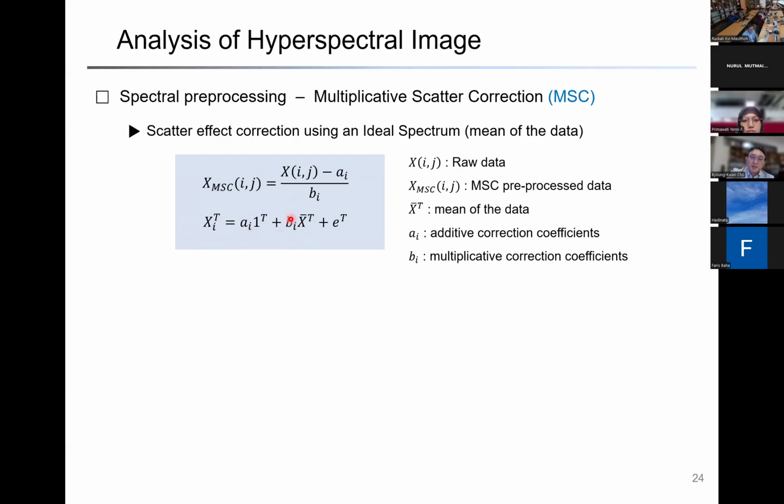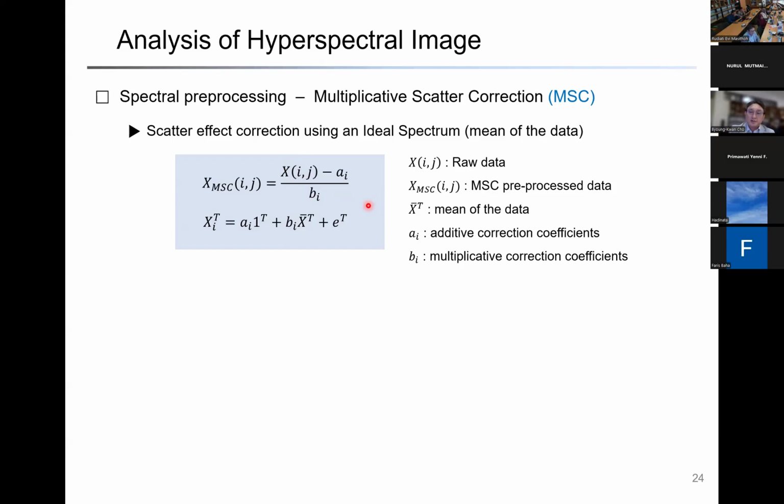We can calculate these two coefficients. Using those coefficients, we can correct the measured spectrum this way. This is additive correction and multiplicative correction.